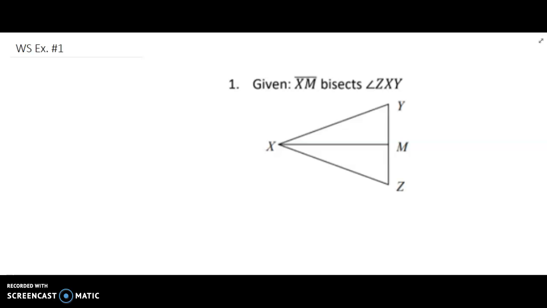So if we look at 1, I'm given that XM bisects angle ZXY. Okay, so bisects is my keyword here. Bisects angle ZXY. Okay, so just like we had discussed, when something bisects an angle, it cuts that angle into two equal parts.